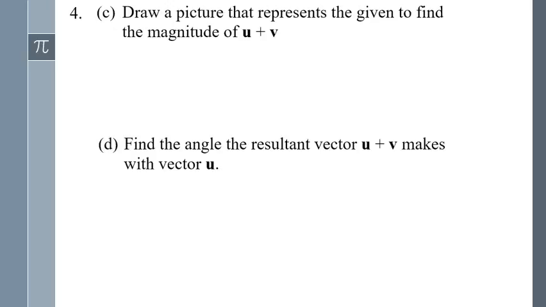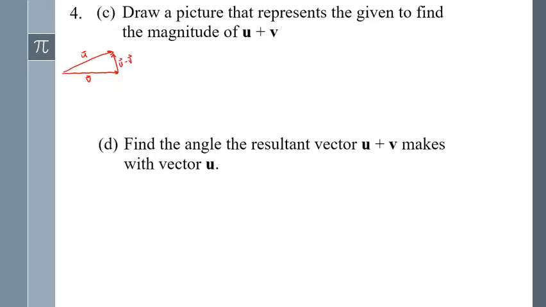Alright, part C, very similar to part A, except this time it wants us to find the magnitude of u plus v. So going back to what we did for part A, we had a vector u and then a vector v, and when we connected them tail to tail, that vertical piece ended up being u minus v.